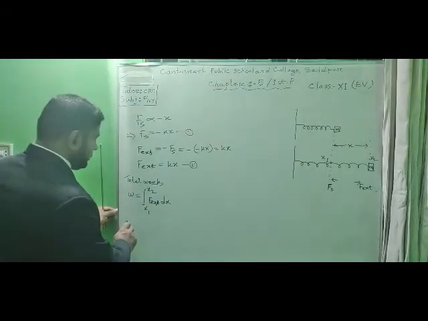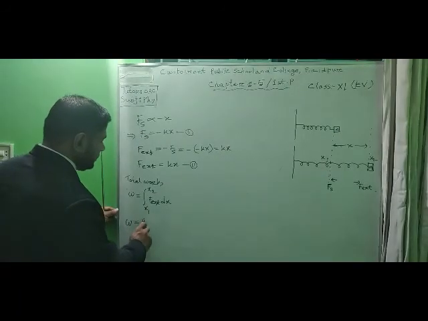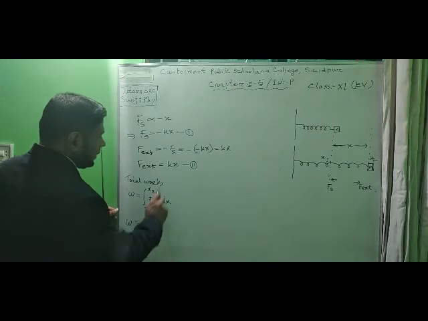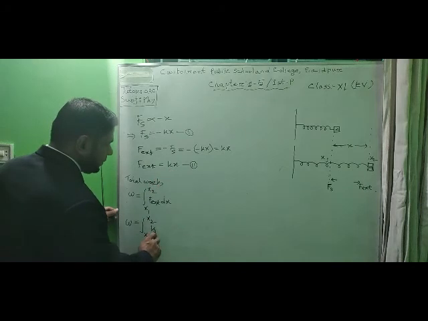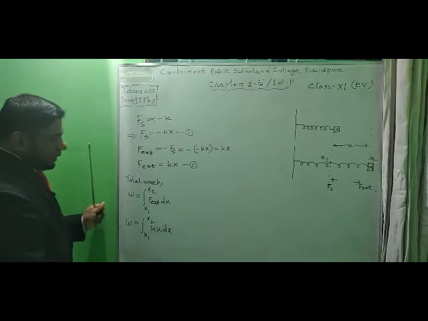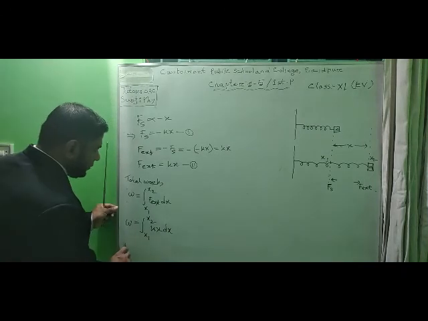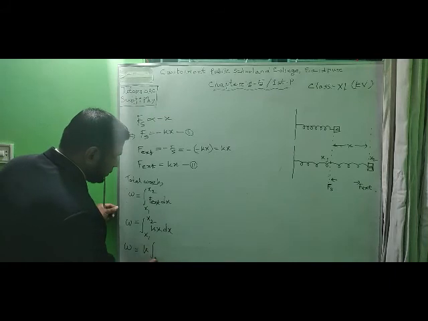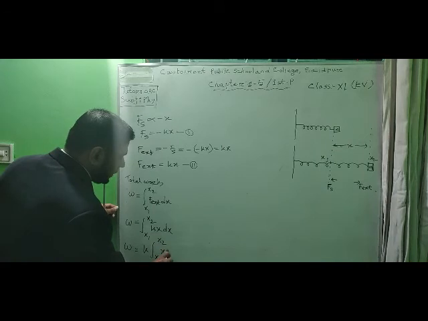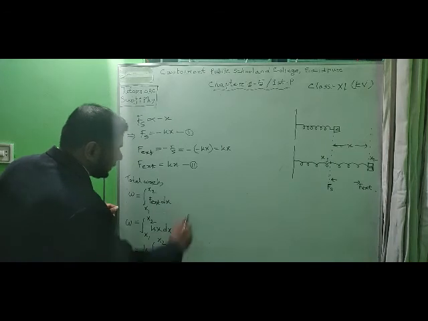So the integral from x1 to x2, and the value of the external force is kx, kx into dx. Here k is a constant value, so we take it outside: k integral from x1 to x2 of x dx.